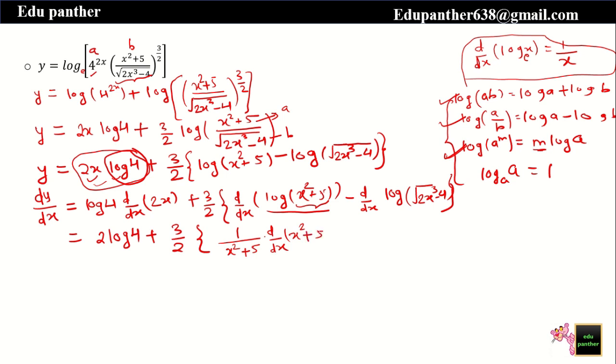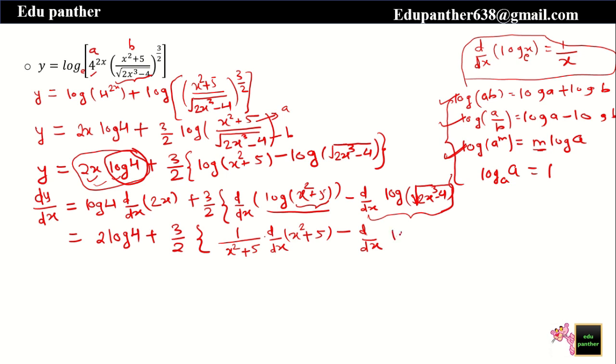Minus, now concentrate on this term, the derivative of log of root of 2x cube minus 4. Now did you notice anything here? Can we use any property of log to further simplify this expression? Yes, we can. See here, the square root means its power is 1 by 2.